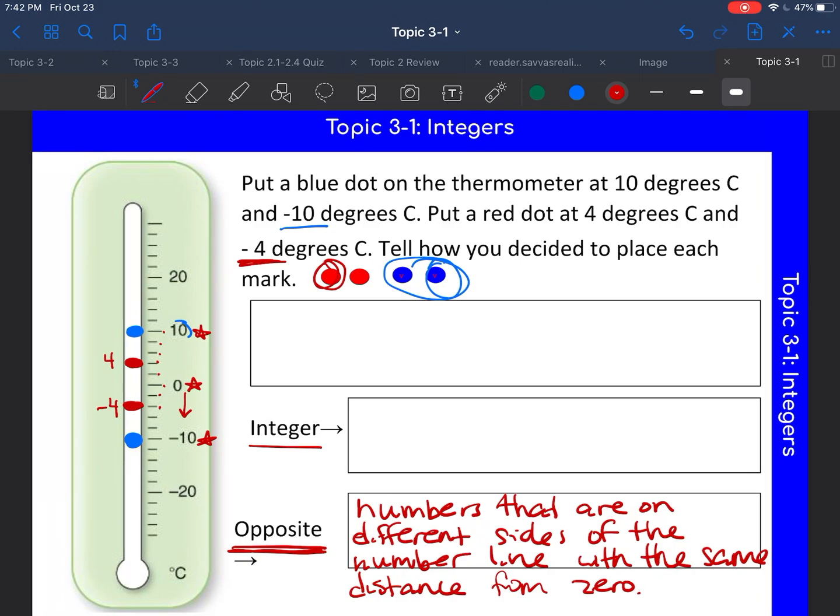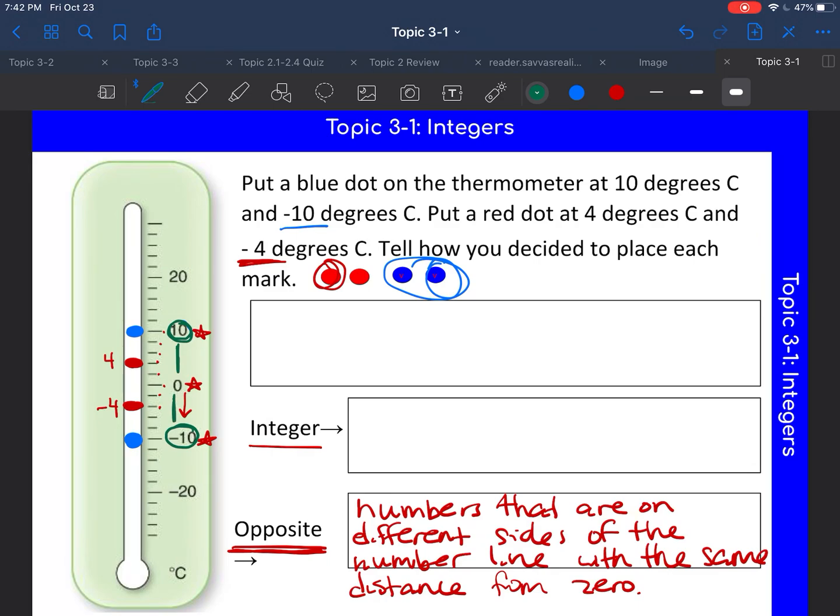All right. So if we look at those questions, how far away is the number 10 away from 0? Well, it's 10. How far away is negative 10 away from 0? It's also 10. So they have the same distance from 0, meaning that they are opposites.